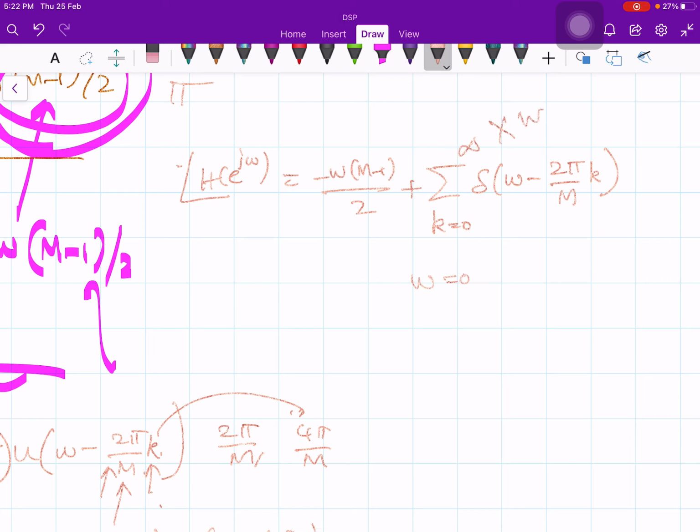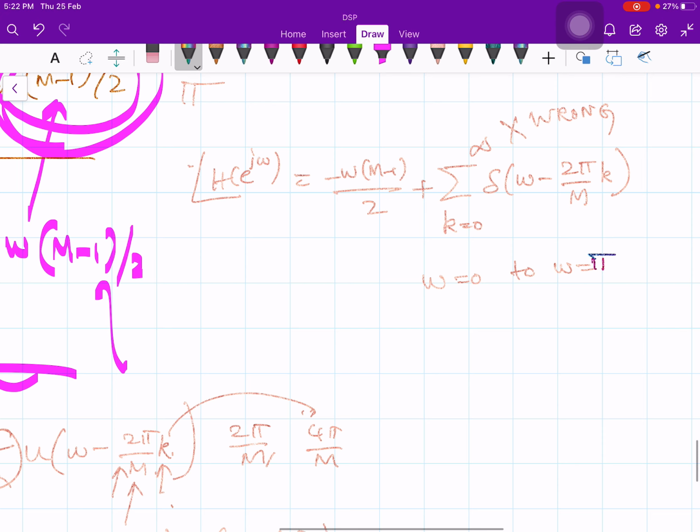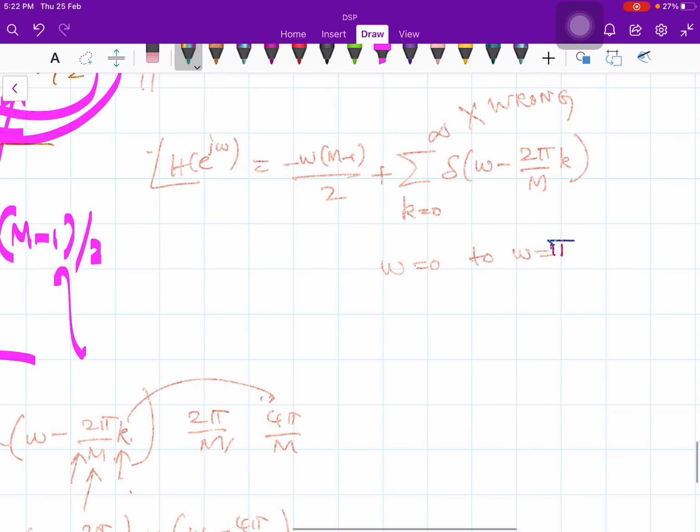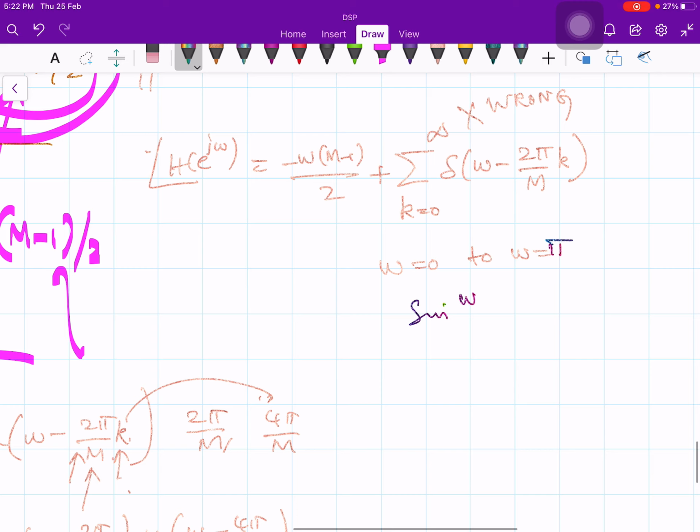This is wrong, I cannot write like this, because in the discrete time domain our range of vision is from omega equal to 0 to omega equal to pi. I cannot go beyond pi. Therefore, in the numerator I have sin of capital omega M by 2. When the argument becomes pi, then the transition stops. I cannot go beyond that.